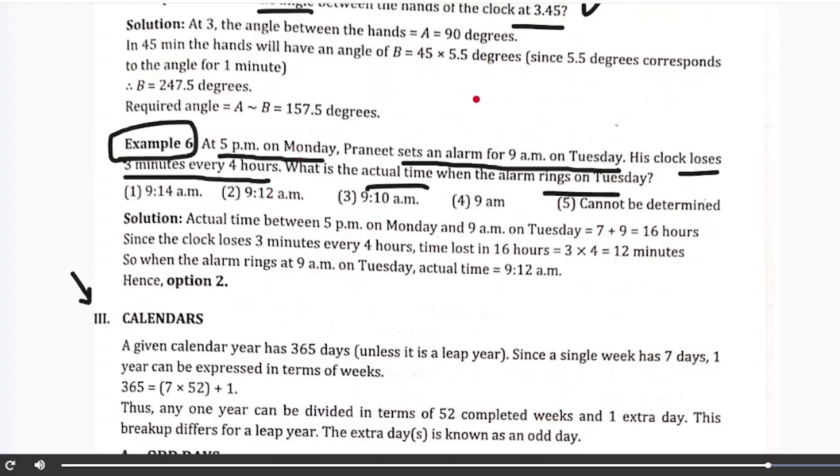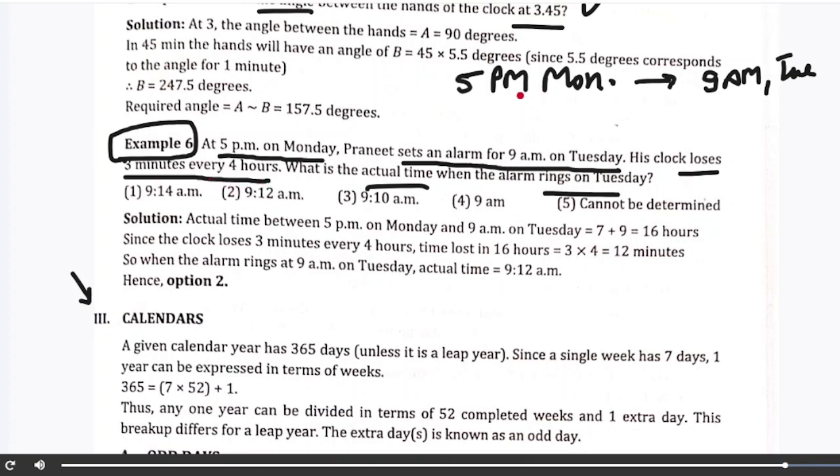Now, at 5 p.m. on Monday, the alarm was put for 9 a.m. Tuesday. We know the clock loses 3 minutes after every 4 hours.